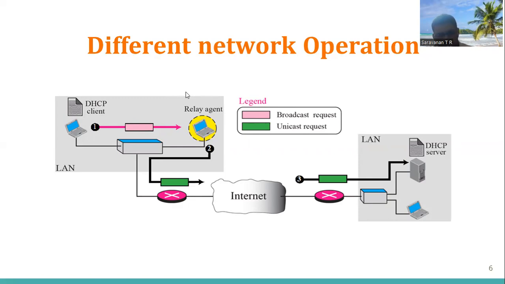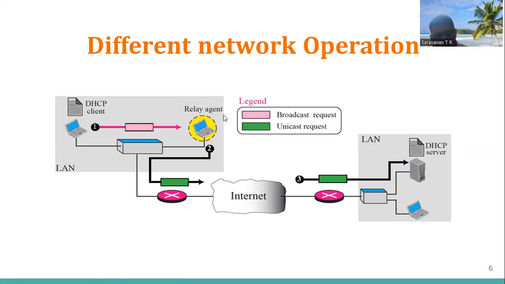The DHCP client cannot communicate with the server directly. Only the DHCP relay agent operates as an interface between DHCP client and server. The DHCP relay agent relays the DHCP messages between DHCP client and DHCP server on different networks.